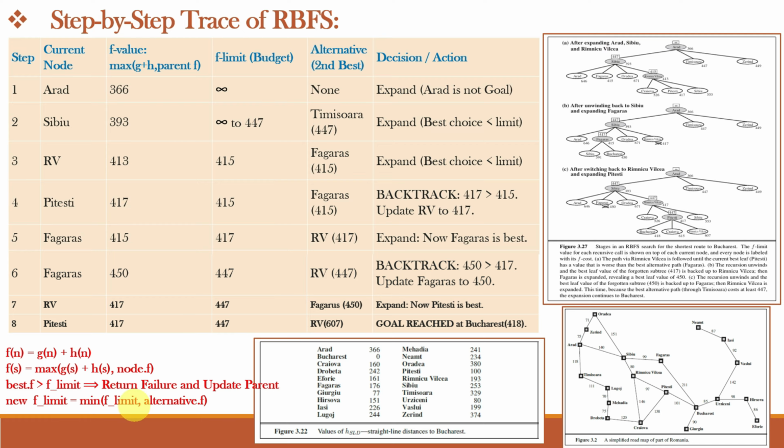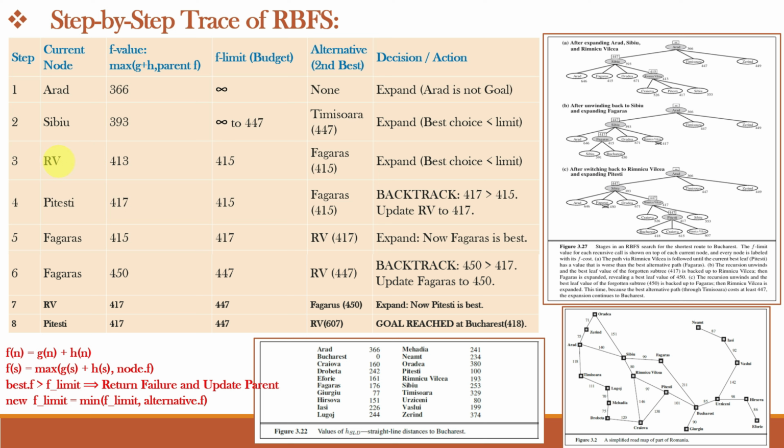So minimum of 447, comma, 415 is 415. So new f limit is 415, which we will write in a square box above the best f, that is Rymnicu Vilcia. So same is written here. Bucharest is the second best and new f limit is 415.